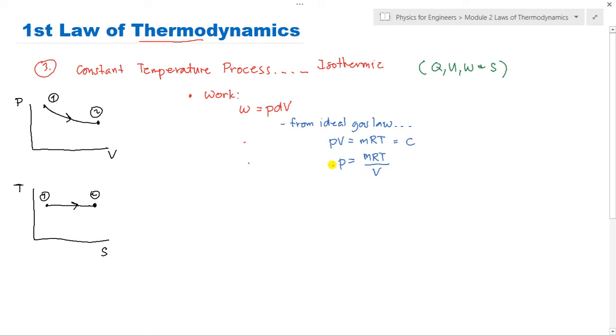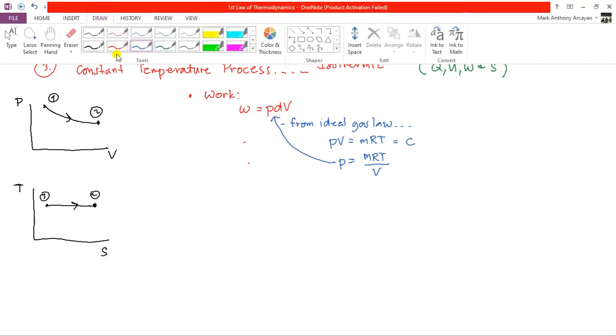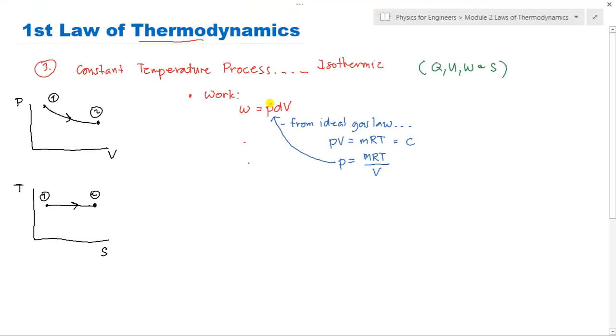And then we are going to substitute P in our equation here. Since delta V has not been removed, we can also say that delta W equals P dV. Integrating both sides, W equals, substituting the value of P, mRT dV all over V, from V1 until V2.